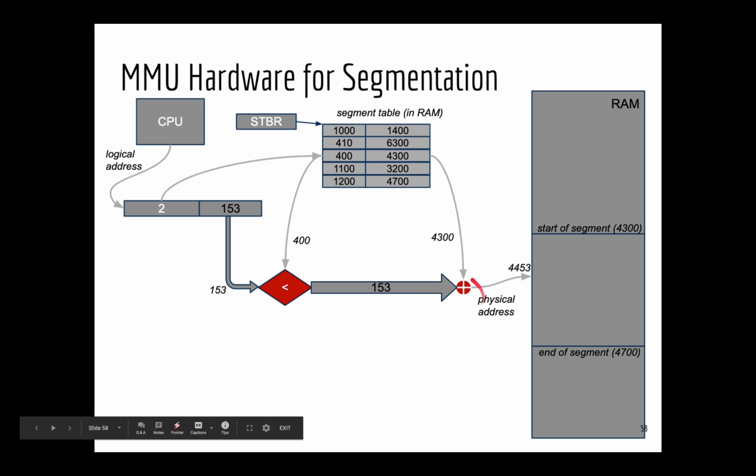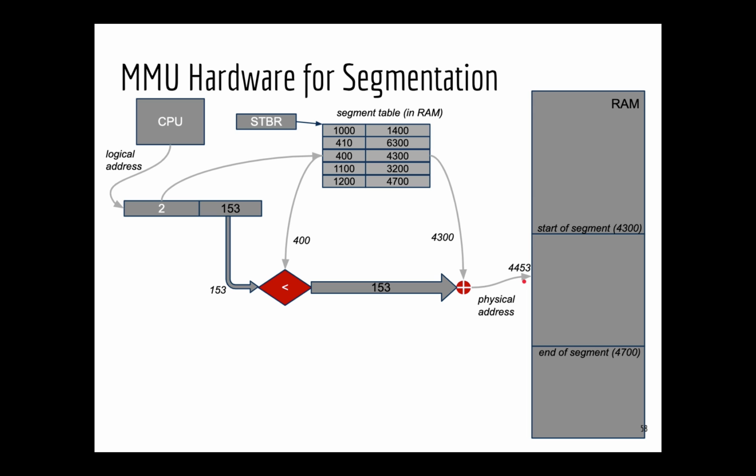And the second important unit in segmentation hardware is the adder, the arithmetic adder. We have to add the offset 153 to the base address of the segment in order to get the actual physical location of your data or instruction.